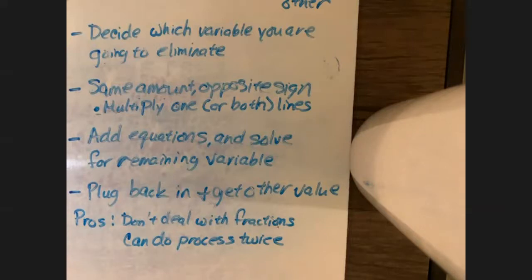If you made the X's match the first time, go back and redo this whole process and make the Y's match. So you can do it twice if the answers are going to be kind of nasty.